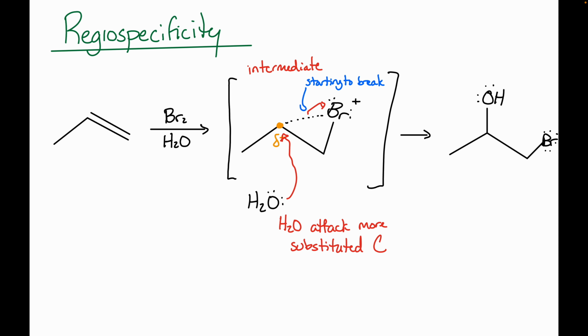We had that fancy word for something when it prefers a more substituted carbon. This is a Markovnikov addition, but specifically we're going to note it for that hydroxyl group. It's that hydroxyl group that's going to go on that more substituted carbon.